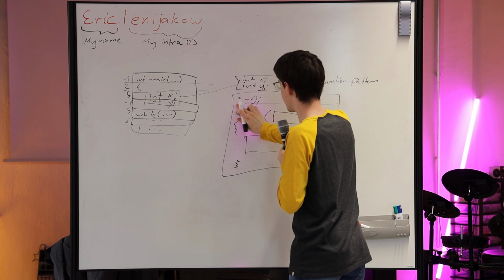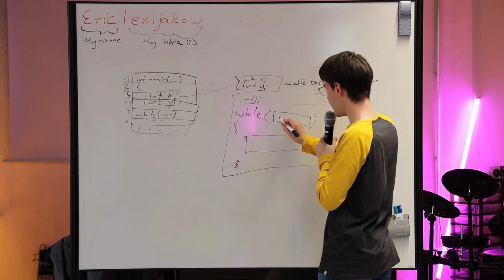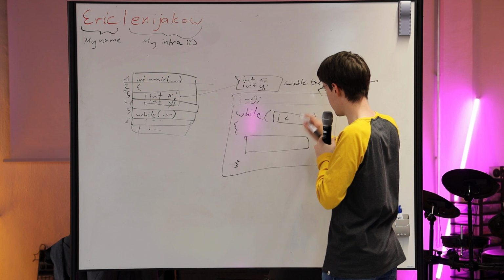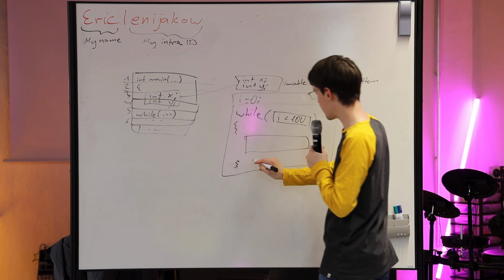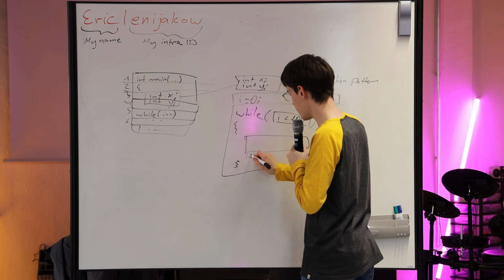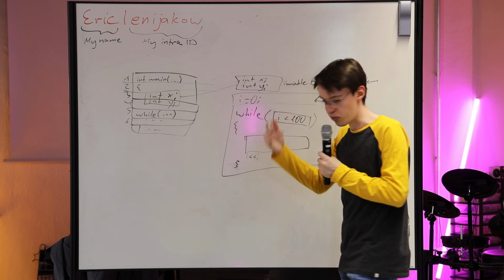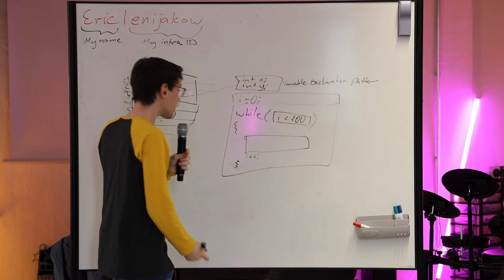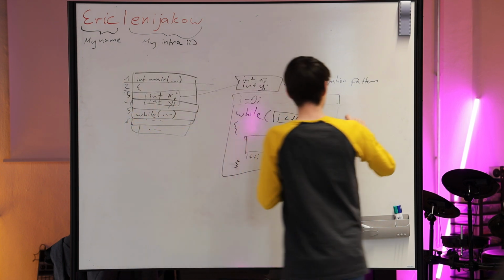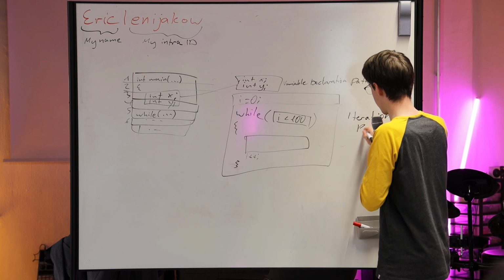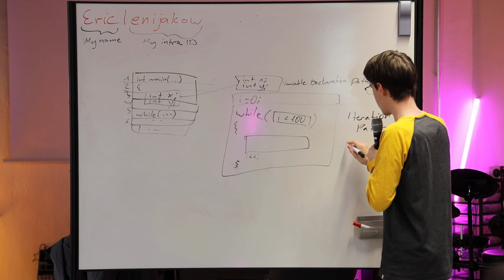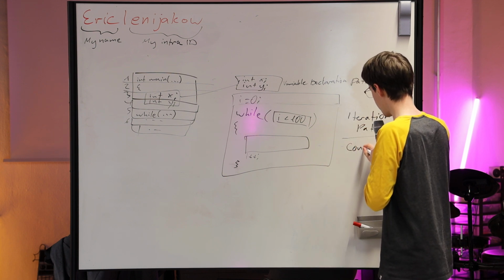If you have a block like this, and then in here there's something like i less than some kind of number, and then in the end, not inside of this block, but at the end, there is i plus plus, or i equals i plus 1, or whatever. This is, for example, an iteration pattern, or a counting loop.